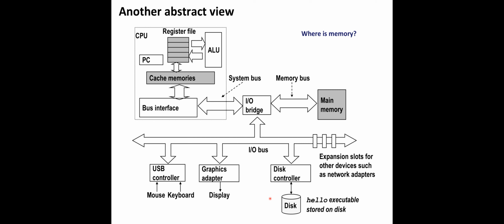And then, of course, we have way out here this notion of memory that is stored. So we can store programs on hard disk. And this really is just bytes of memory as well.